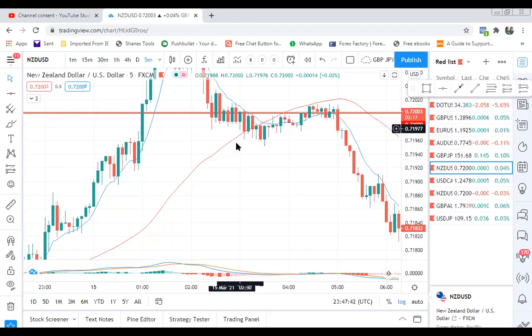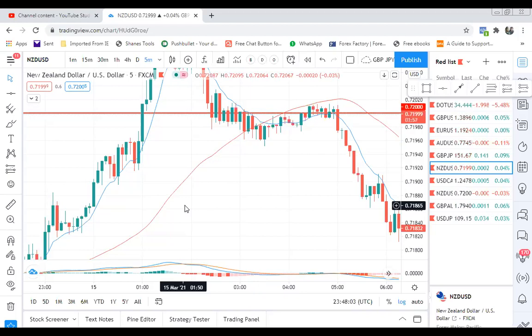What you're using is your support zones, your resistance zones, your chart patterns, your candlestick patterns, and multiple confluences to take your trades. You're not using any indicator.